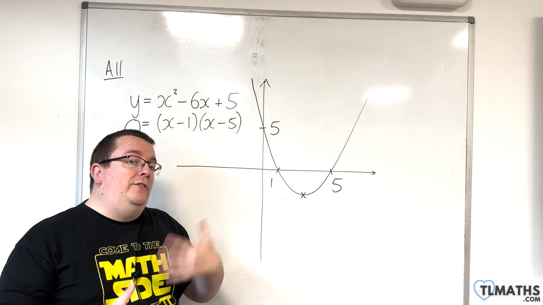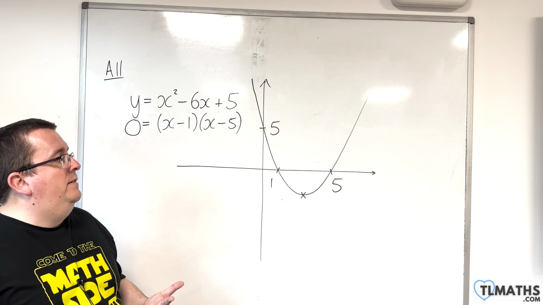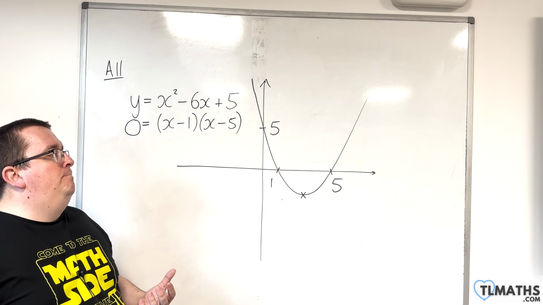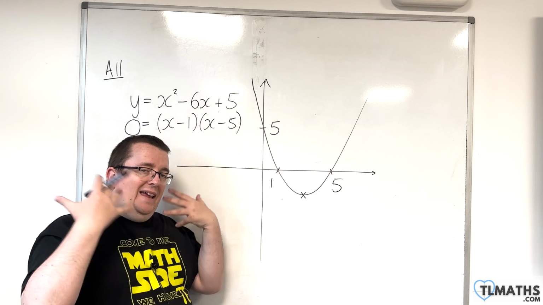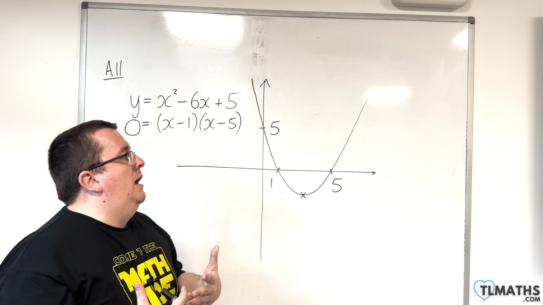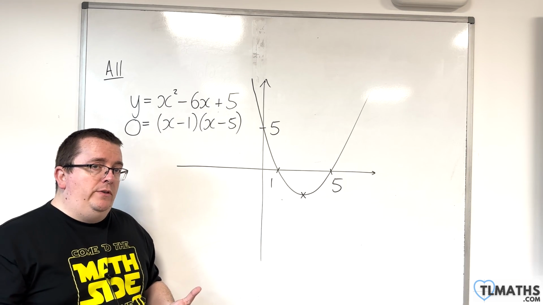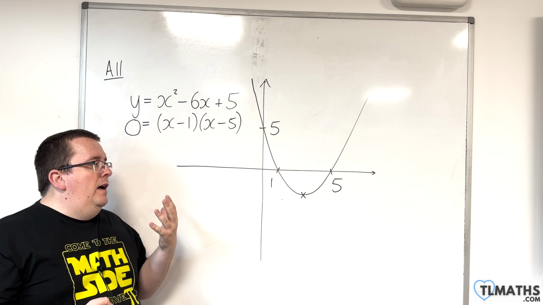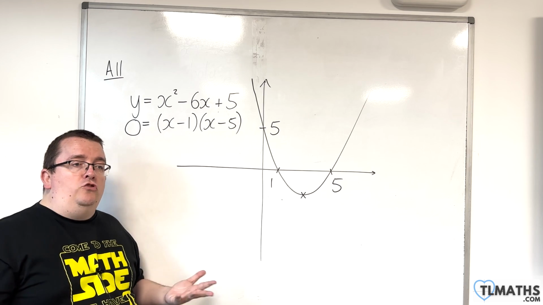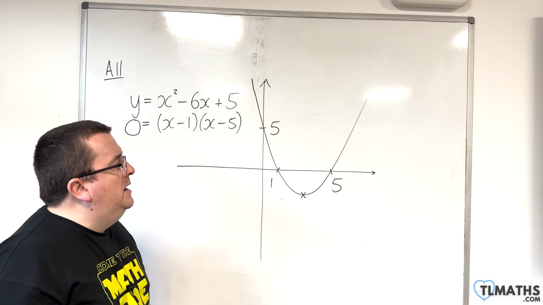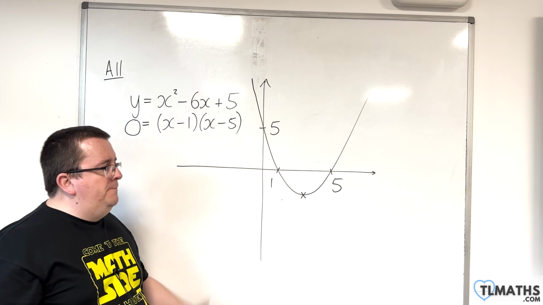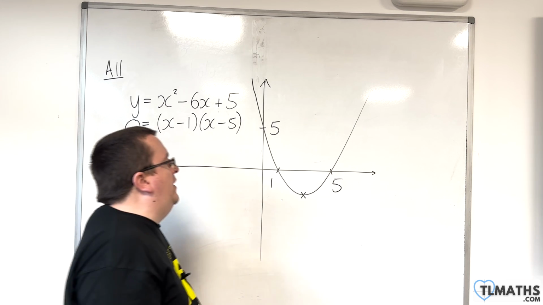Some people refer to it as the vertex of the parabola as well. When you get to the next level, up to A-level maths, you'll learn about stationary points. And so you can refer to this as a stationary point as well. But for the moment, let's call it a turning point. Okay? So this is a turning point.